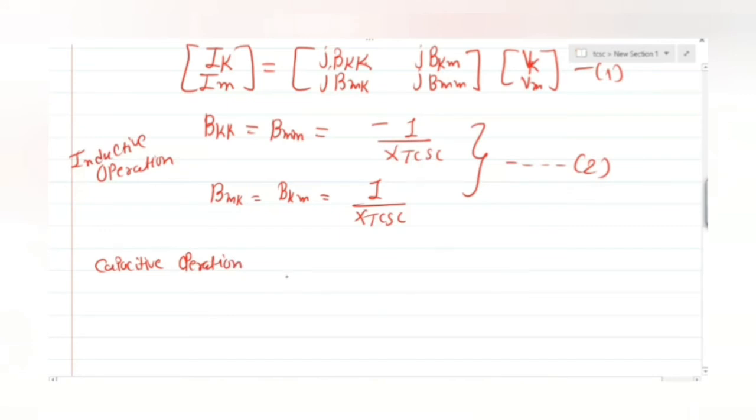So for capacitive operation, the diagonal element becomes BKK is equal to BMM is equal to 1 upon X TCSC, and BMK is equal to BKM is equal to minus 1 upon X TCSC.